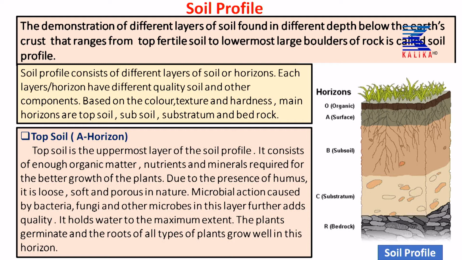Okay, let me talk about soil horizon in detail. Soil profile consists of different layers of soil, or horizons. We call a layer of soil a horizon also. Keep in mind, everyone, horizon means layer of soil. Each layer or horizon has different quality soil, meaning the composition of soil may vary from one layer to another. Some layers contain humus in excessive amounts, whereas some other layers may not contain even a single trace of humus.